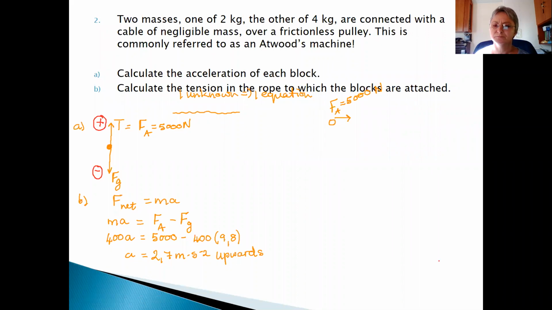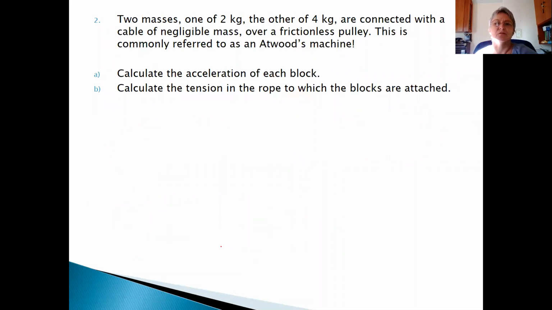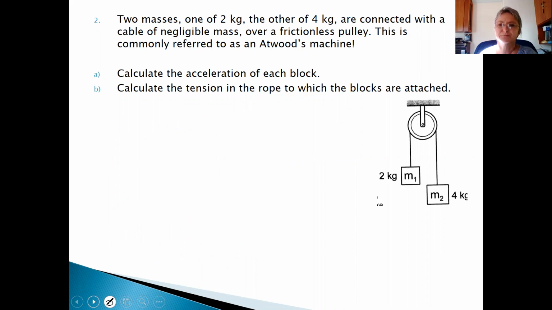Example 2. We have two masses, one of 2 kilograms and the other of 4 kilograms, that are connected with a cable of negligible mass over a frictionless pulley. This is commonly referred to as an Atwood machine, and it is used in every elevator in the world.